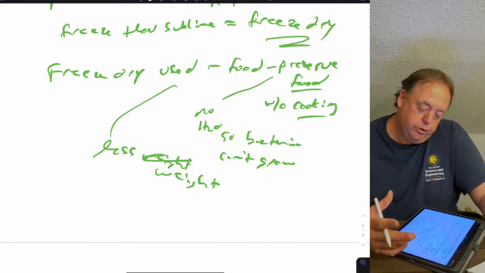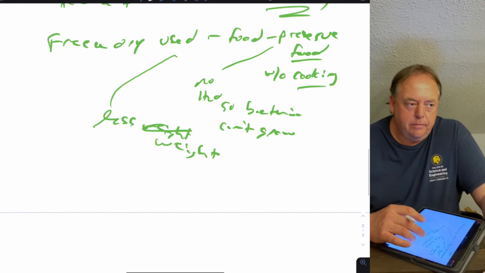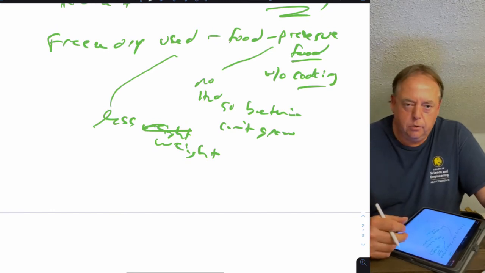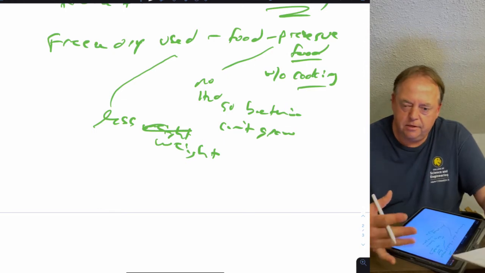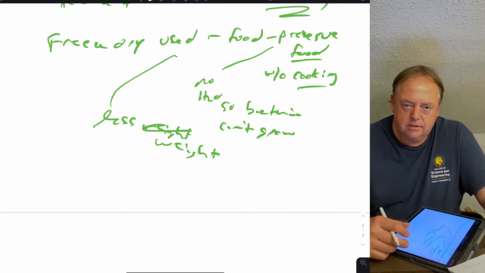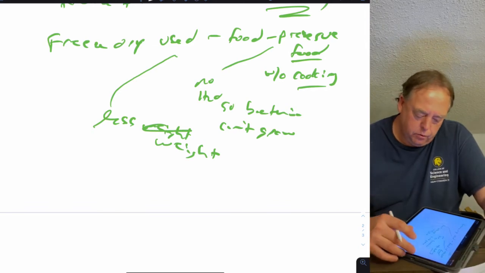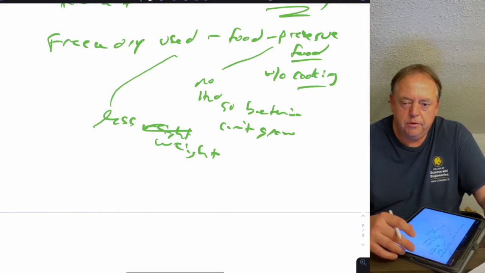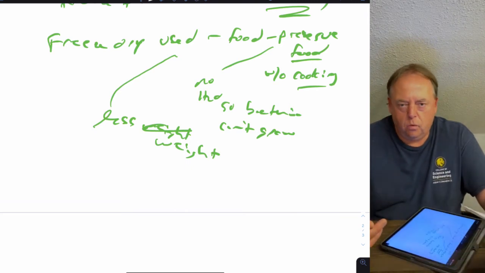So who would use freeze-dried food? Military would use it because it weighs less, so it's easier to pack in. Used in space flights because the food weighs less, it's going to be easier, less fuel, less cargo weight. If you go camping, you could take freeze-dried food with you. Then when you get to your campsite, what do you do to reconstitute the food? Just add water to it.